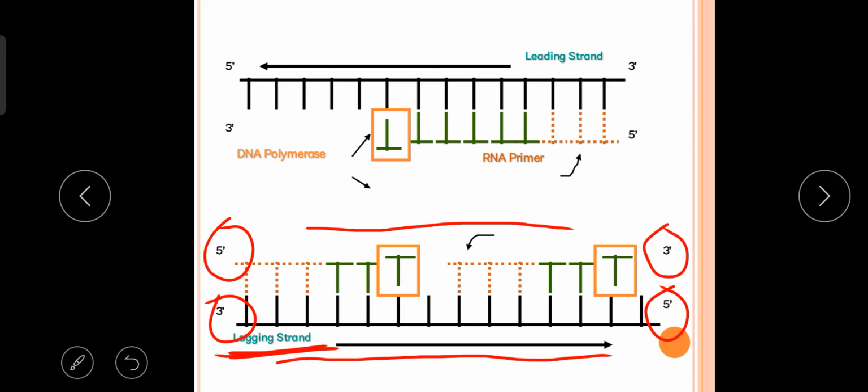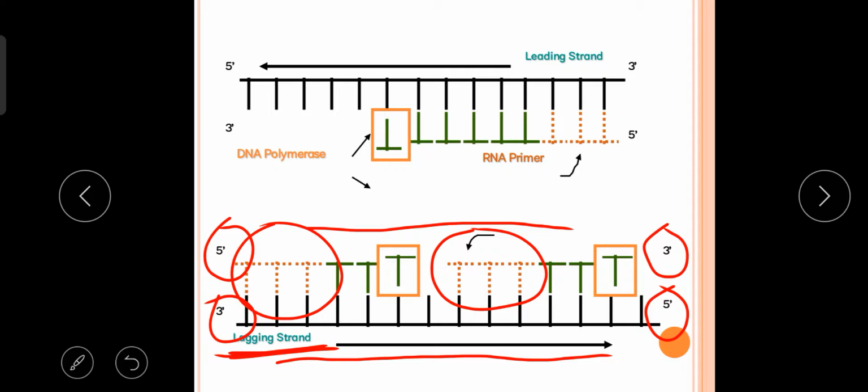Lagging means it has lags, nicks or gaps. In this case the RNA primer is formed every time the hydrogen bonds break down, and DNA polymerase binds to the RNA primer and polymerizes a short sequence of nucleotides. Again, when the hydrogen bond breaks down, a new RNA primer is formed.